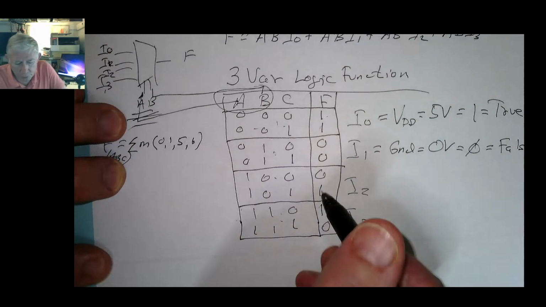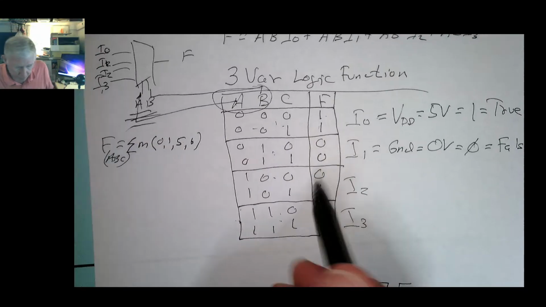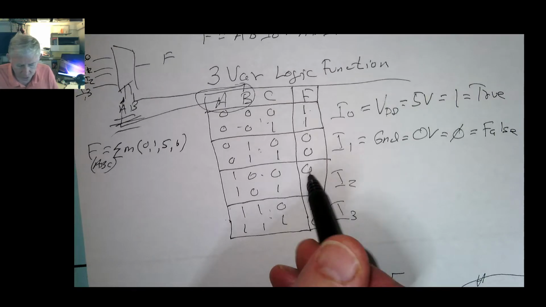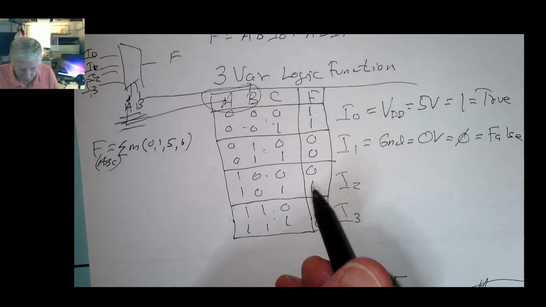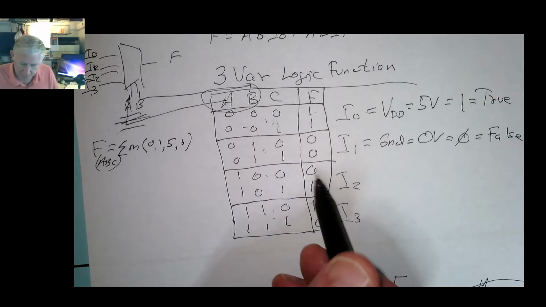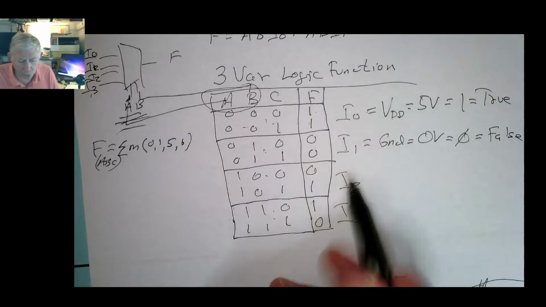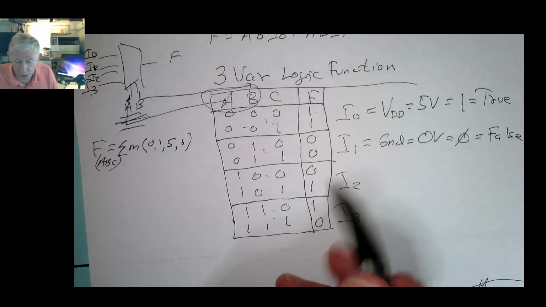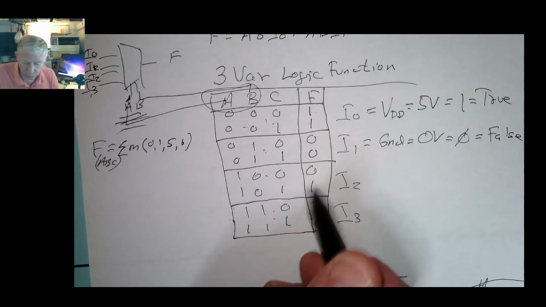But look at this pair of rows. For row 4, the desired output for F was a 0, but for row 5, the desired output for F was a 1. So now we have a little problem. We can't connect it to VDD and have both rows put out 1s, because that would be wrong. We can't connect it to ground and have both rows put out 0s, because that would be wrong for row 5.